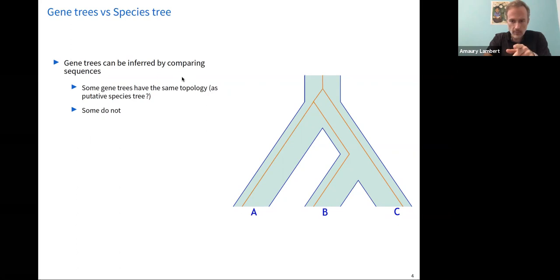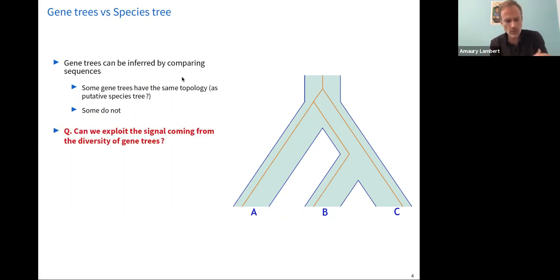So the deep coalescence means that you see the orange lineages have not coalesced during the whole mother edge to B and C, and so then when they are left in the mother edge to A, B, and C, the root edge, then any coalescence can occur, and this is known as incomplete lineage sorting. So the question is whether we can exploit the signal coming from this whole diversity of gene trees to understand in more depth the diversification process.